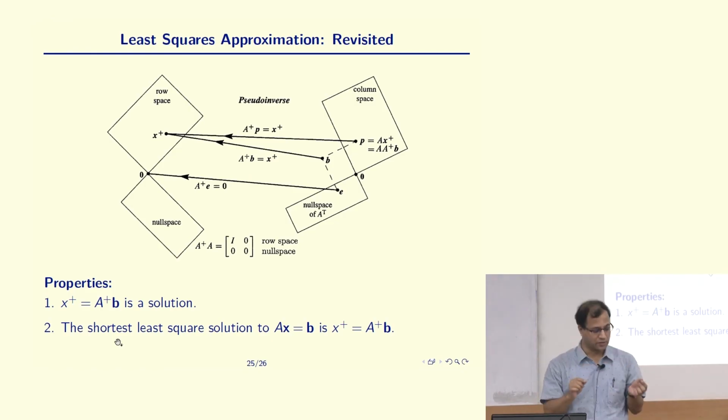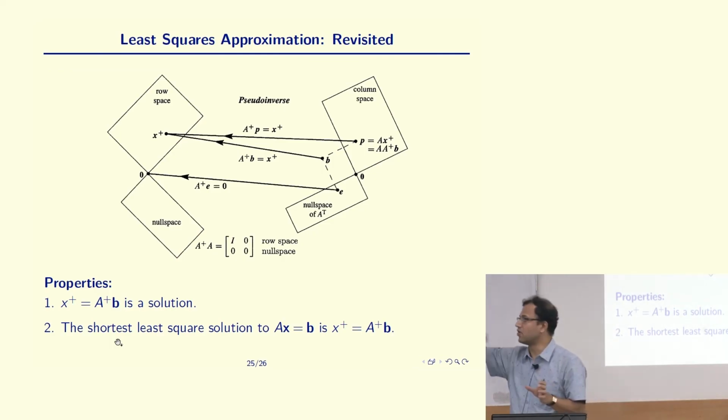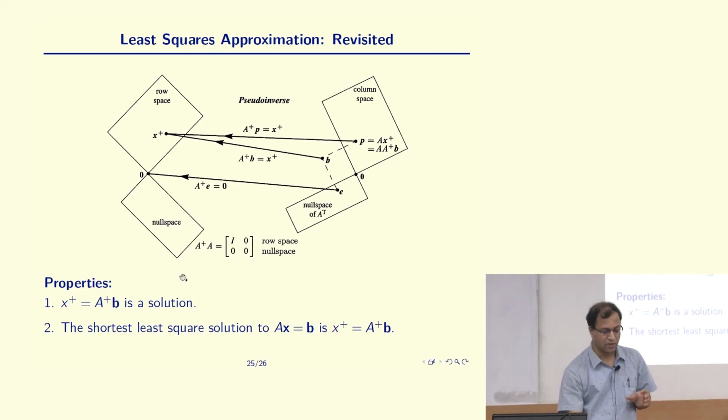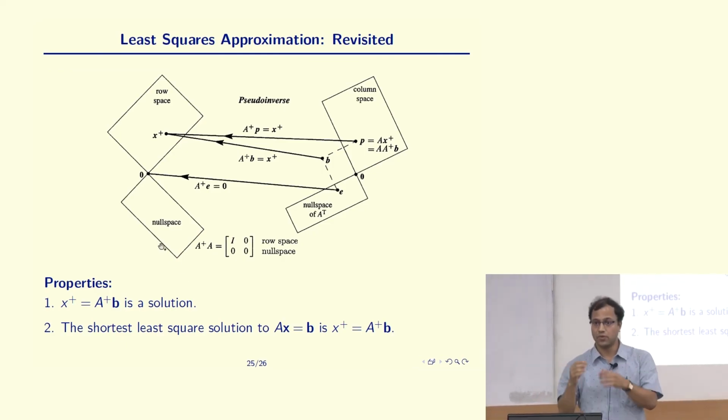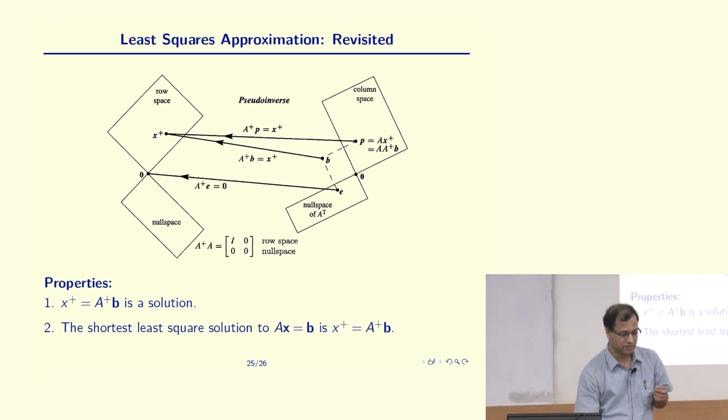Because you can have multiple solutions when the null space is not the zero vector, we want to choose the best solution X. So you can prove that this X cap, which comes from the pseudo inverse of matrix A, which you know how to compute, is the solution having the least length.